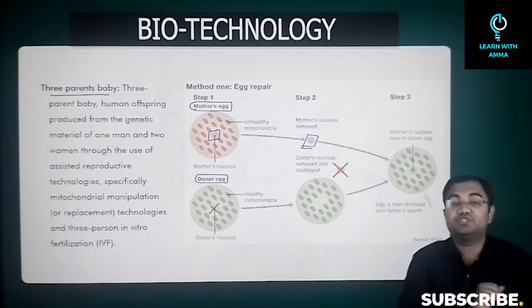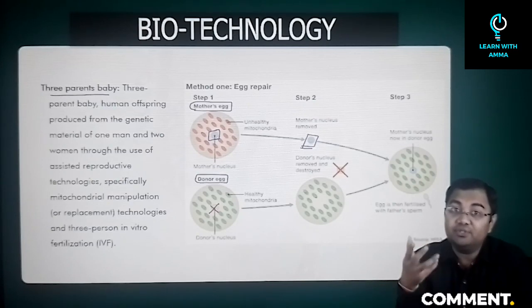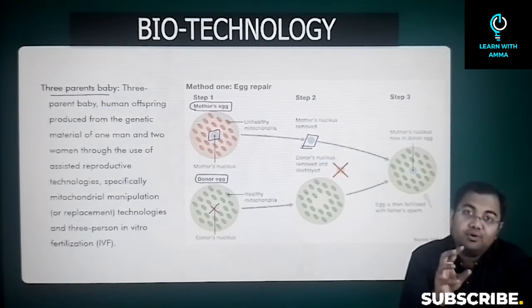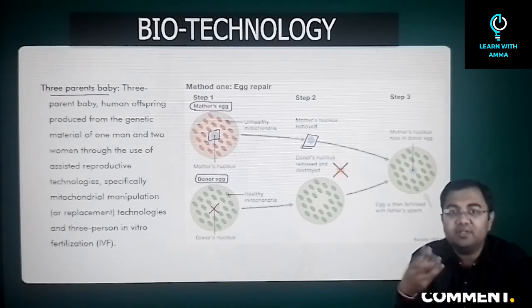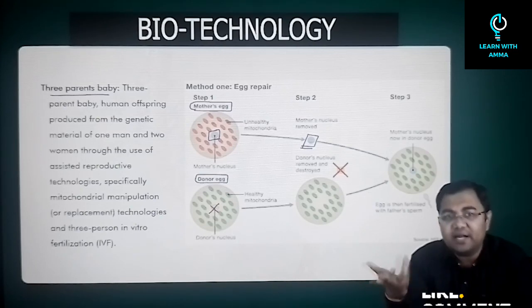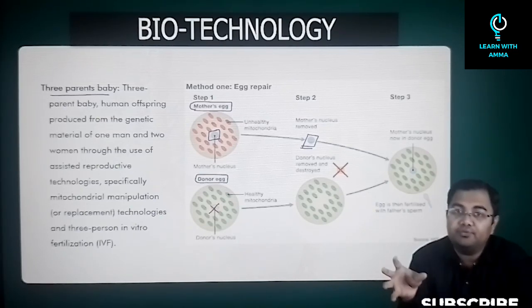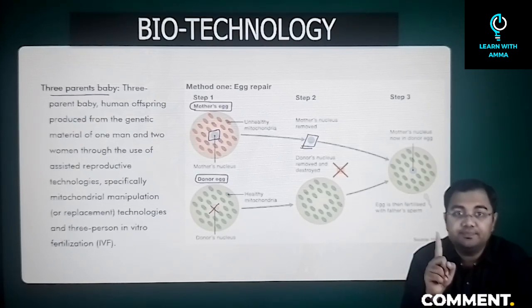Now, the second question is, if the problem is with mitochondria, why are we taking out the nucleus? The reason behind this is that mitochondria are present in large numbers in the animal cell, or even, for example, in the human cell, which is a kind of animal cell. So in the animal cell, you have a large number of mitochondria, but you have one single nucleus.